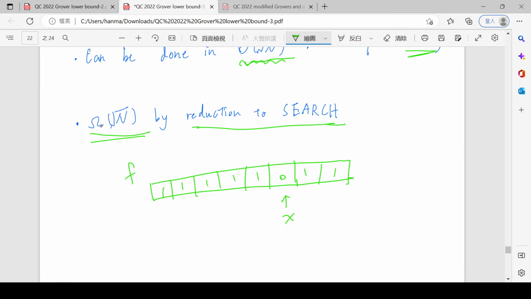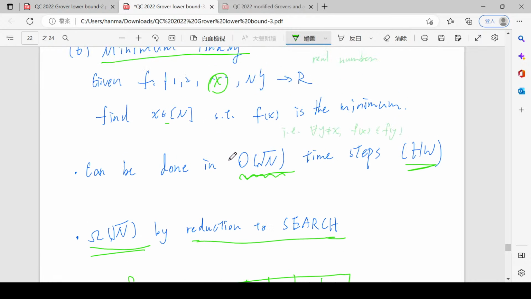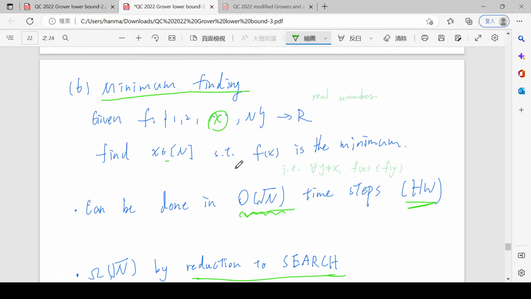And we know that has an omega square root n lower bound. Okay, so that's easy. The upper bound is harder, and you can think about how to do it in homework, and it's in some very short paper.